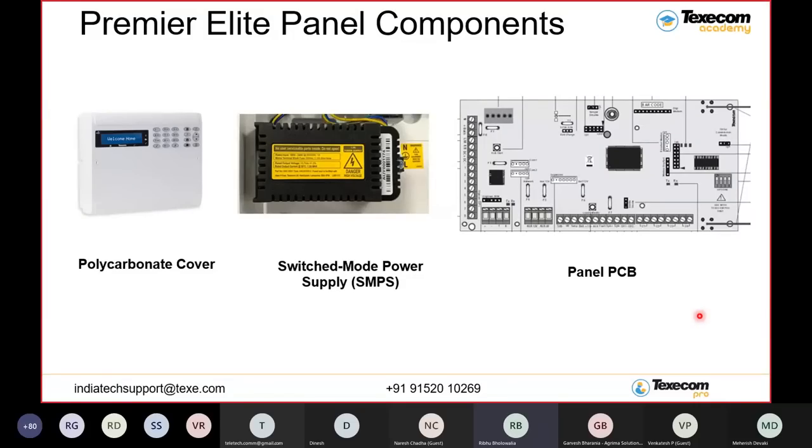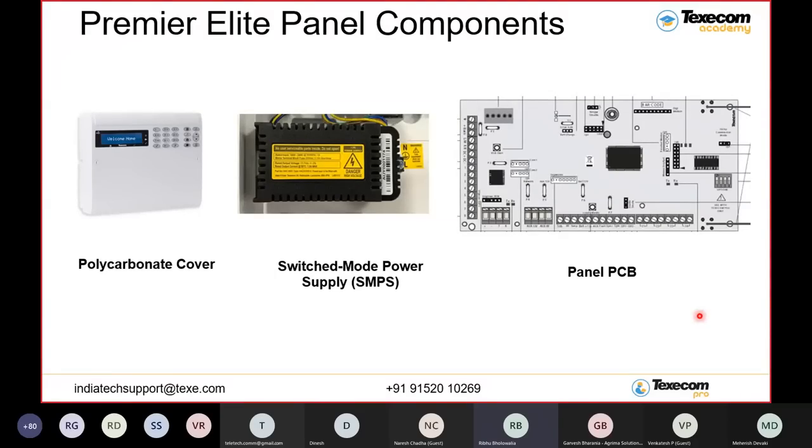All the wireless sensors will communicate with these expanders and the control panels. So you cannot put these devices in a closed area. You have to put them in an open area so that the communication will flow properly.